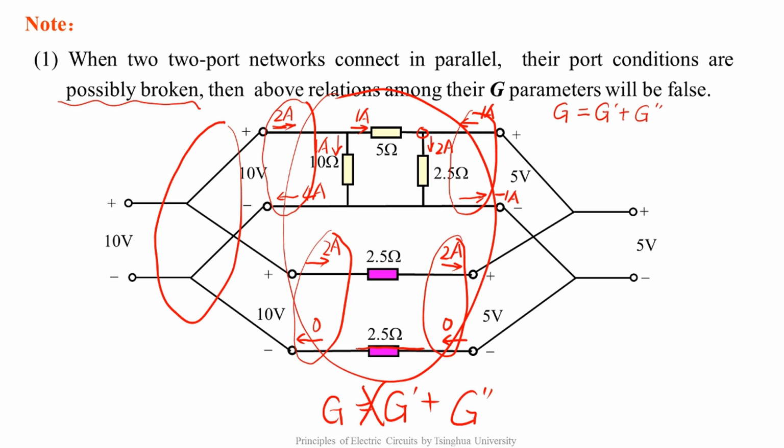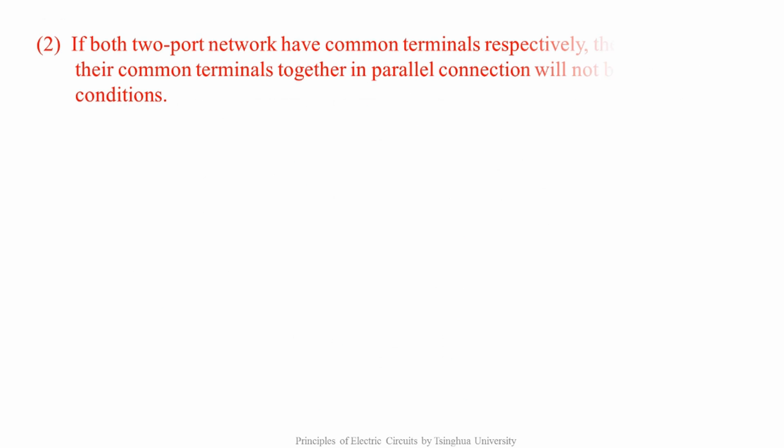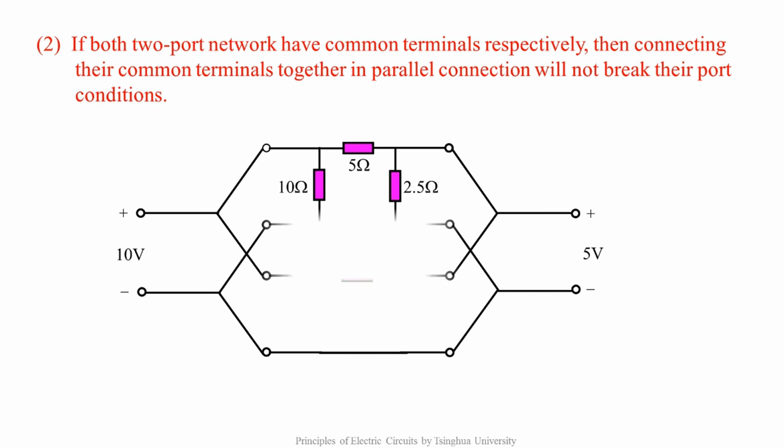In what case won't the port conditions be broken after the parallel connection? There is a special case. If both two-port networks have common terminals, that is, they are transformed from three-terminal networks, then connecting their common terminals together in the parallel connection will not break their port conditions.